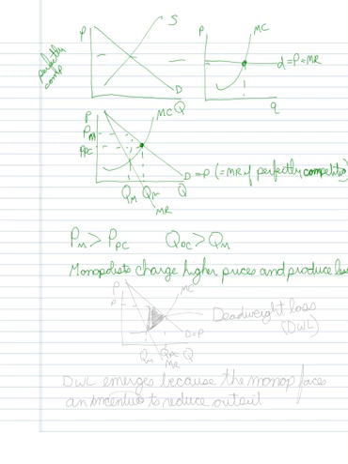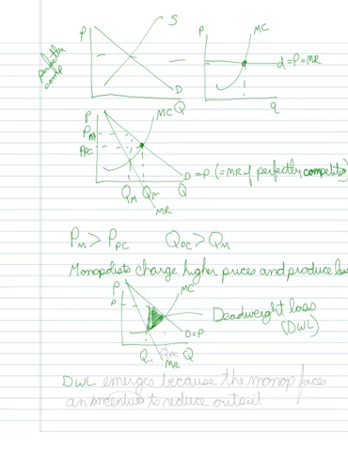Now, what also starts to emerge here for the monopolist is this triangle right here. This triangle is known as the deadweight loss, or what's sometimes called the DWL.